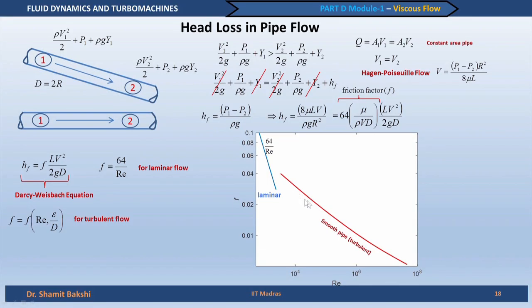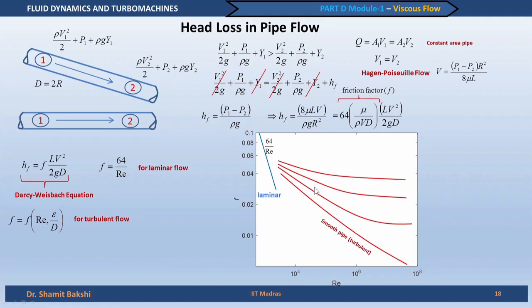Of course, this is in case of turbulent flow. For smooth pipe the epsilon by d factor is close to 0. As you increase the epsilon by d factor, it changes. So, you have higher value of friction factor because the roughness will increase the friction factor.